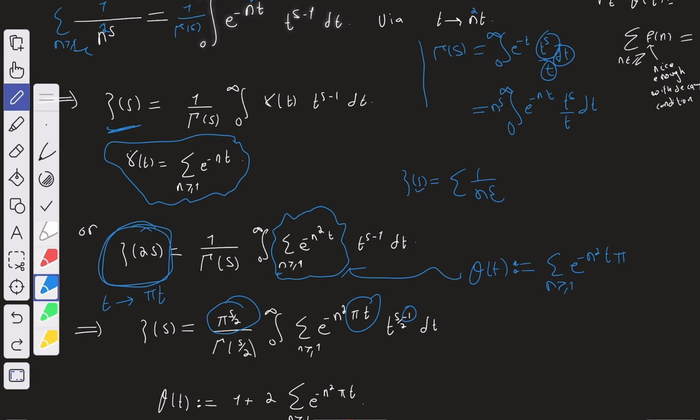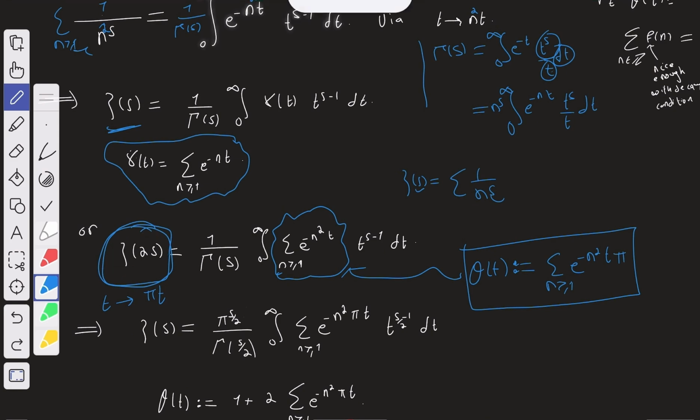So long story short, what we're saying here is that if we define the theta function as such, it turns out that it's easy to obtain a functional equation, or what's so-called a modularity of the theta function. And we can use that functional equation to obtain a functional equation of zeta. But let us see. So here we have zeta of 2s.